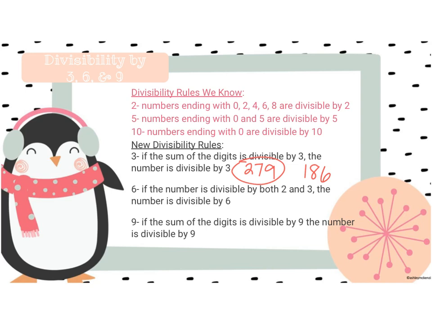Can you divide that by 3? So I know that 186 is divisible by 3. Is it an even number? Yes. So it can also be divided by 2, which means not only can it be divided by 2 and 3, but it can also be divided by 6, which is the one that we're talking about right now.